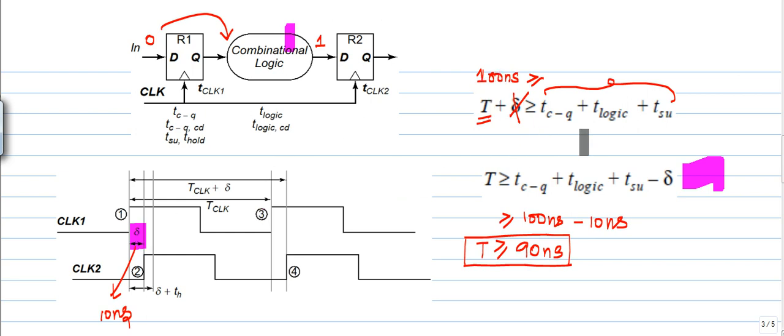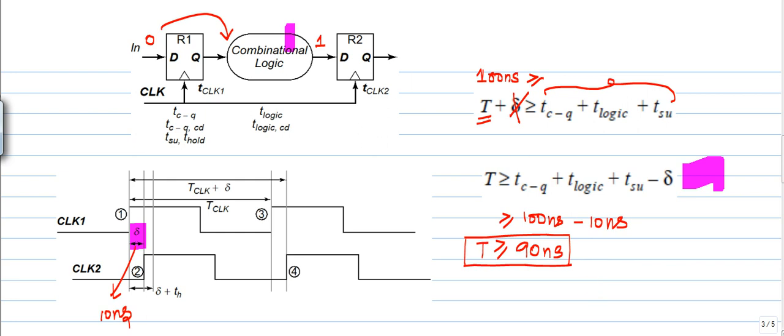But now, because of this clock skew, the clock period is reduced by 10 nanoseconds, which is equal to 90 nanoseconds. So in this way we can increase the speed of a circuit.